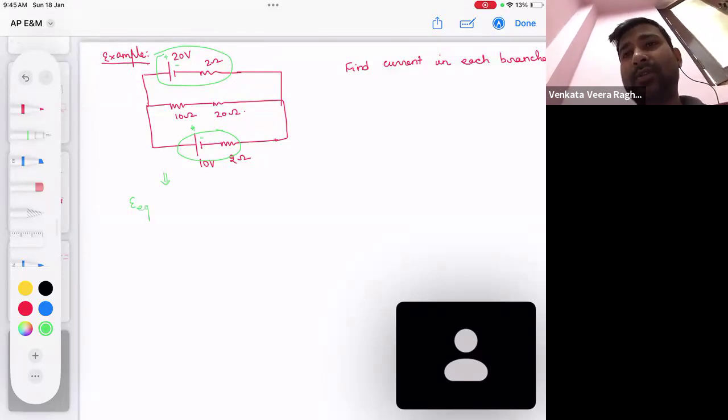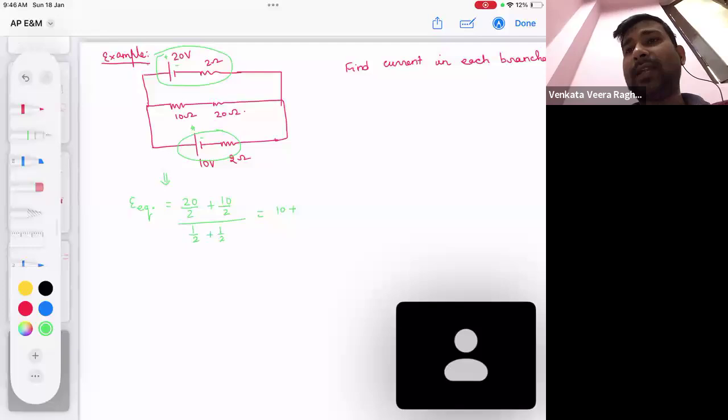So E equivalent will be (E1 by R1 plus E2 by R2) divided by (1 by R1 plus 1 by R2). So 20 by 2, that is 10, and 10 by 2, that means 5. 1 by 2 plus 1 by 2 is 1.